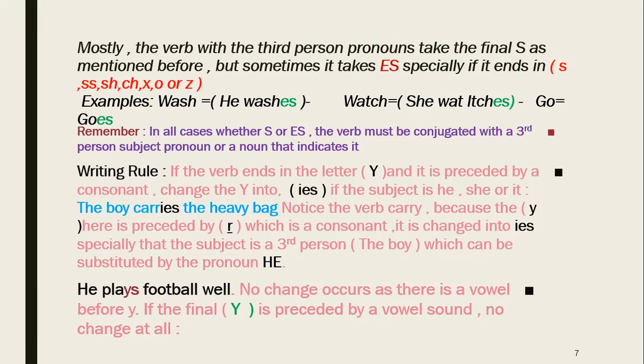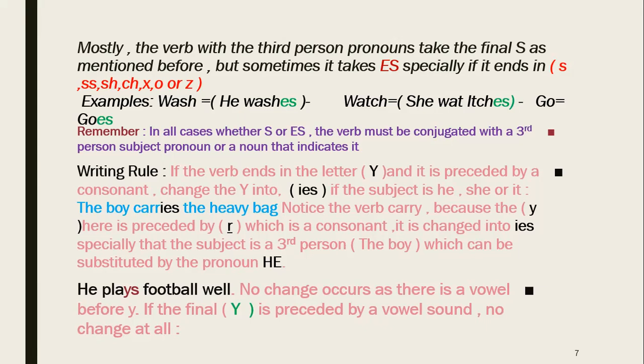If the verb ends in Y and there is a consonant before the Y, like R, S, T, V, and others, change Y into I, then add ES.